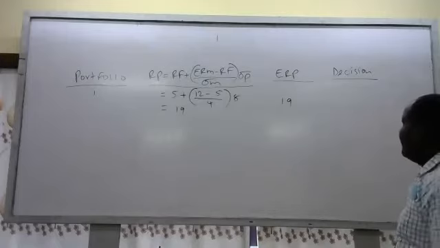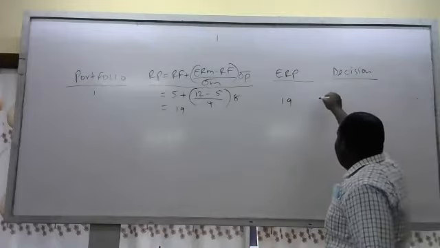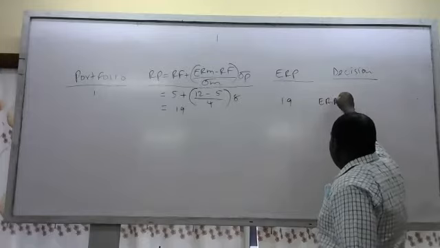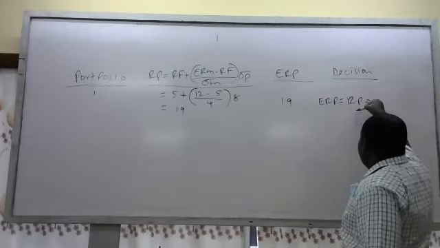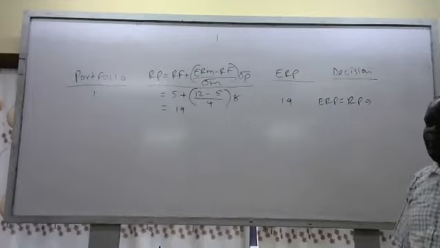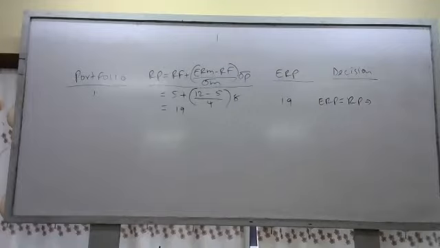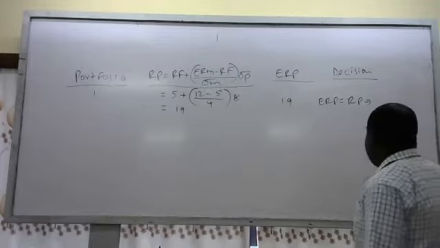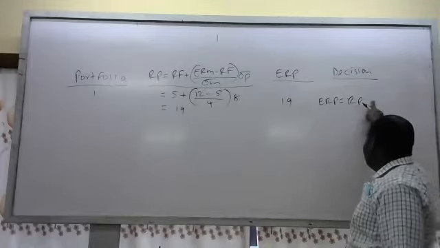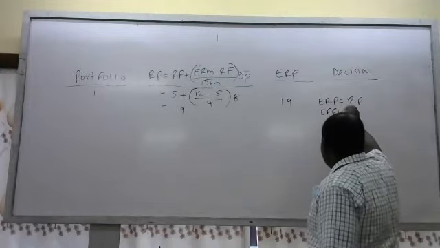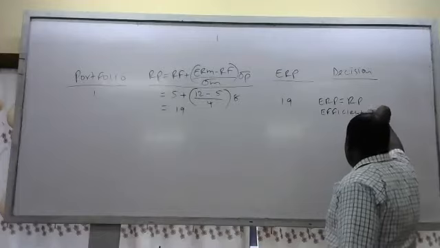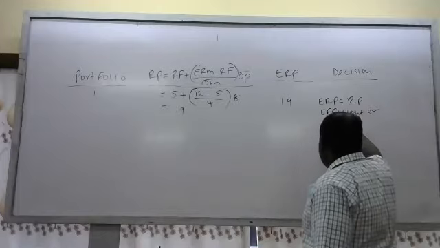That means the expected return of the portfolio is equal to the return of the portfolio, so that portfolio is efficient or correctly valued. So the decision is that it is efficient or correctly valued.